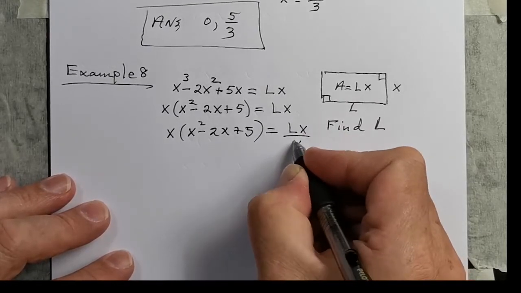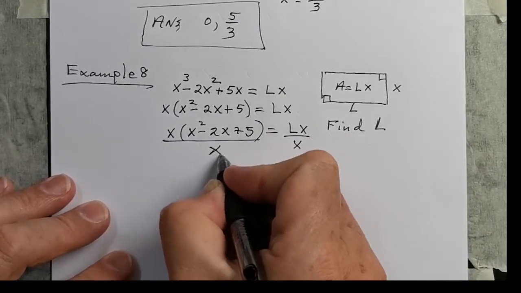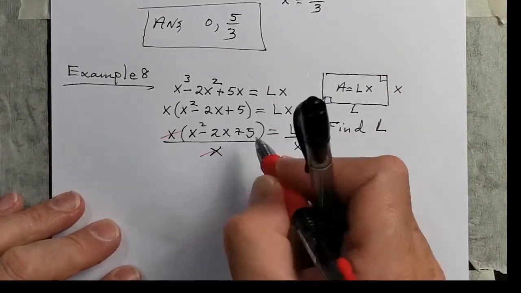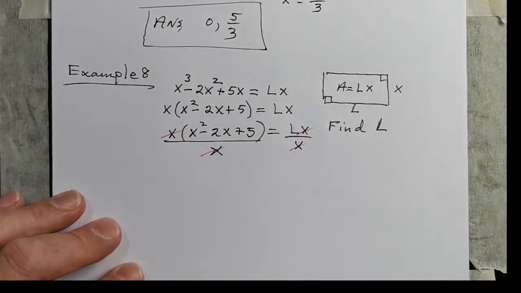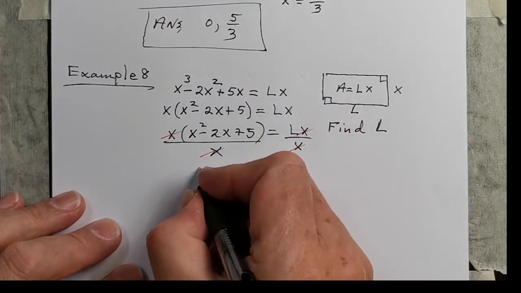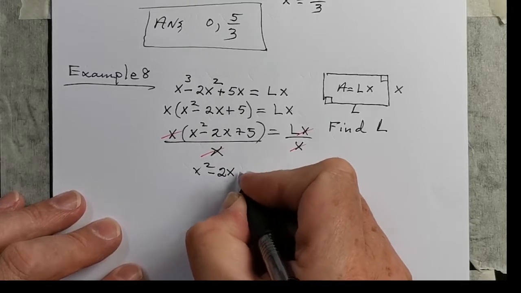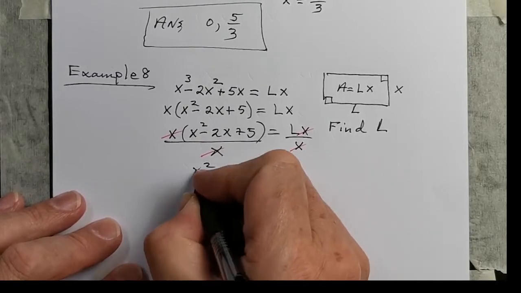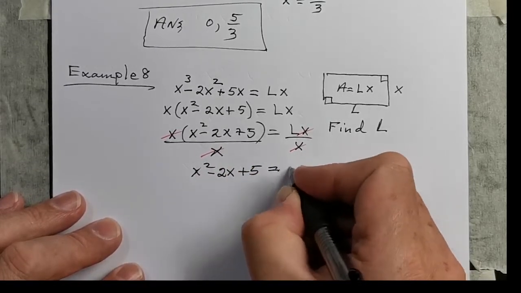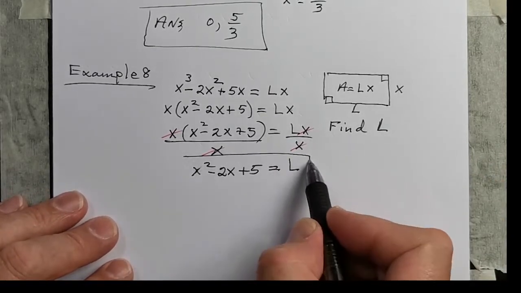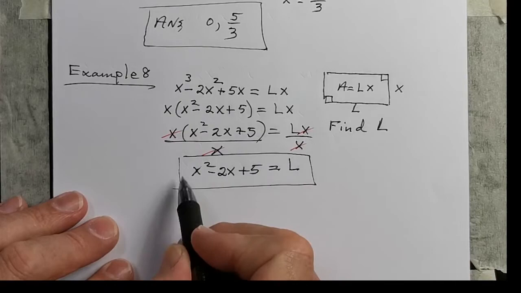And let's divide both sides by x. The x's here cancel out. And I have that x squared minus 2x plus 5 is equal to L. So there's my answer for L.